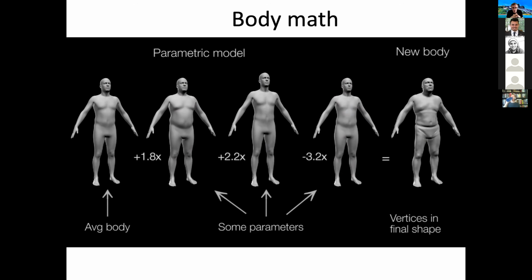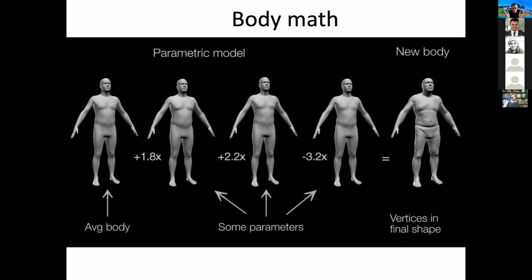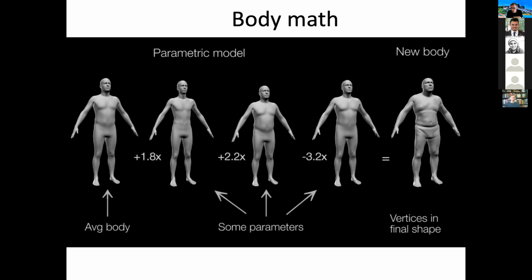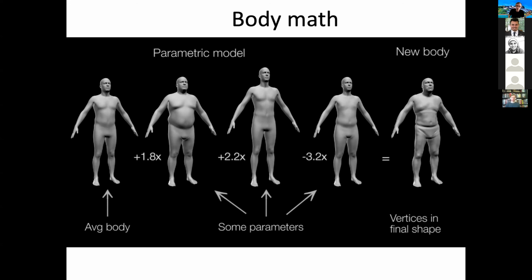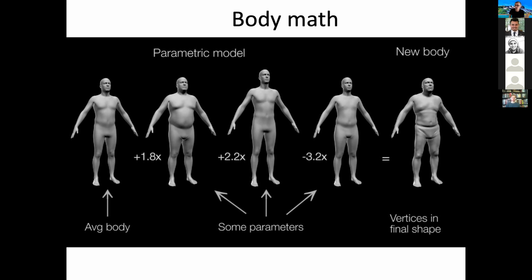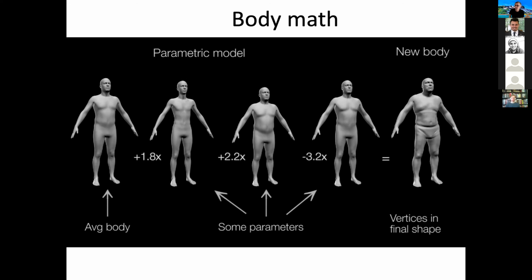You take the average body and you take some amount times the first principal component plus some amount times the second plus some amount times the third, and then you get a new body out. That's a simple shape space. And if pose isn't involved, that's all there is to it. It's really simple linear math.